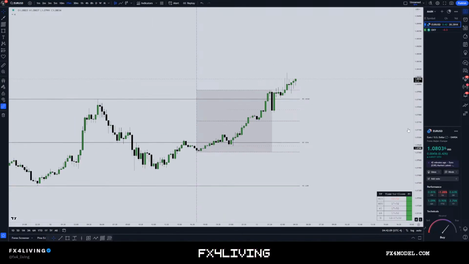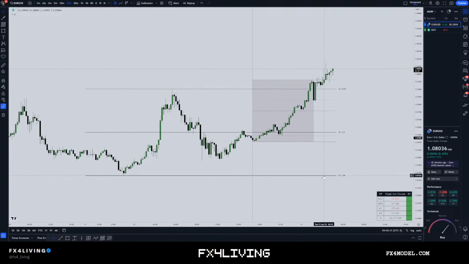So this is the FX4 model indicator, and the cool thing about it, and that was my goal when I did this indicator, I talked to my coder and said I don't want people to be able to change the data. What does that mean?